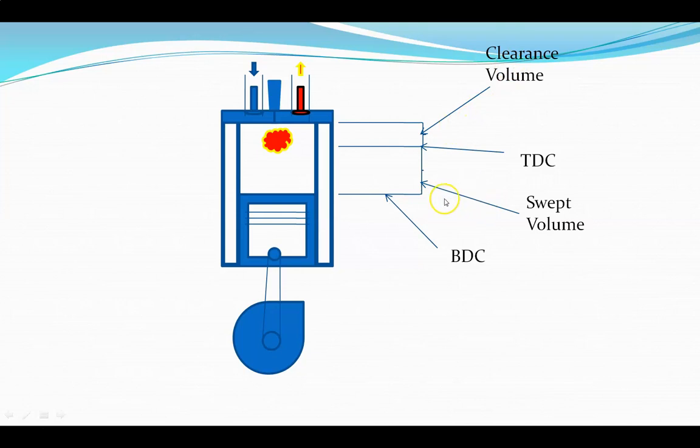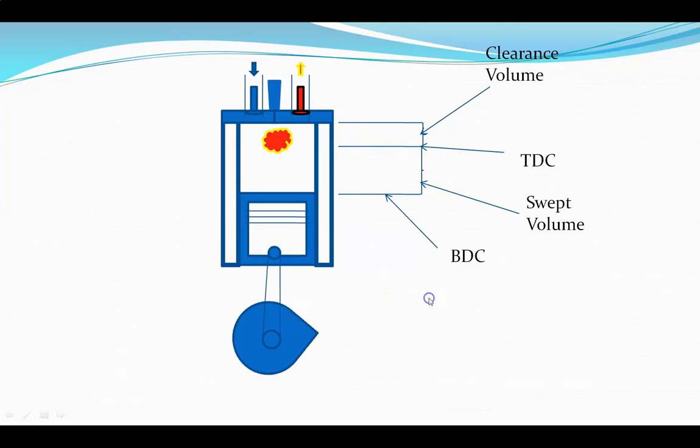Total volume of the cylinder is the swept volume plus the clearance volume. Clearance volume is that of the combustion chamber. As you can see, when we explain TDC and BDC on the graph, this is BDC, the lowest distance traveled by the piston, and this is TDC, the highest distance traveled by the piston.